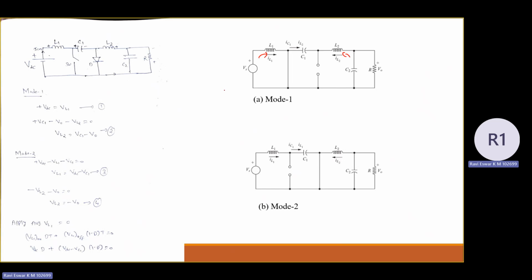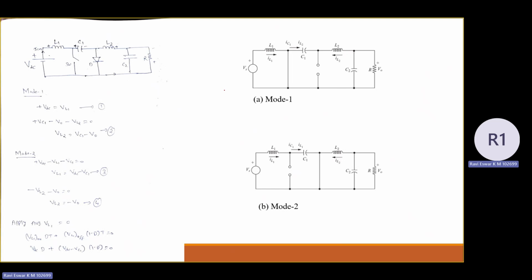That is why the inductor is preferable at the source side. That is the drawback in the case of the buck converter, where the input current is not continuous. Even if you take a fuel cell application, the fuel cell also recommends drawing continuous current from it.